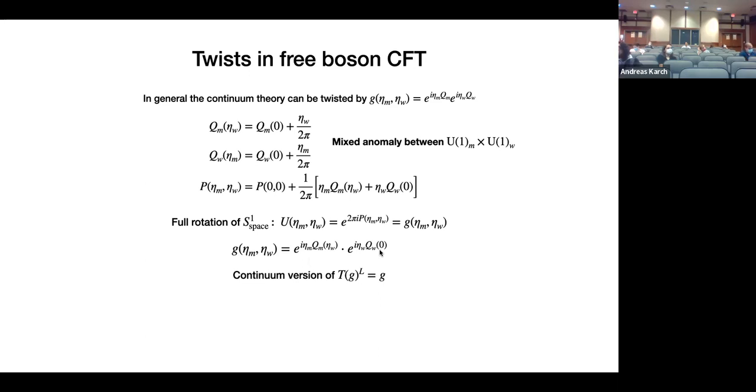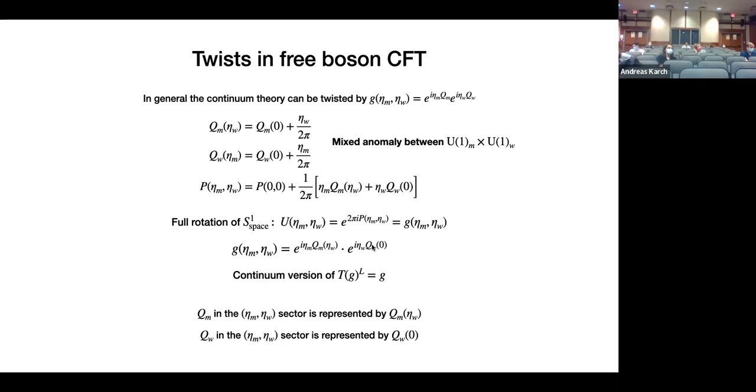Naively, one would expect this to be e to the i Q_M in the presence of the twist, and e to the i eta_W Q_W in the presence of the twist. It turns out that to get rid of all the extra phases, we need to modify the winding charge or the momentum. This is the convention: we choose to modify the winding charge so that we don't have any extra phases. So the punchline here is that the momentum charge is the expected one in the presence of the twist, but the winding charge is the one without a twist, in order to satisfy this T to the L equals G relation.